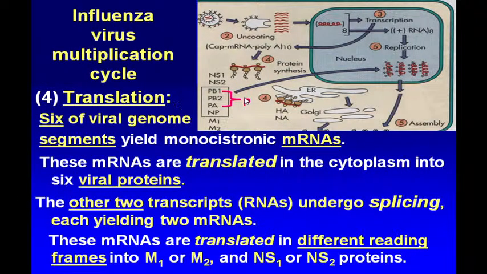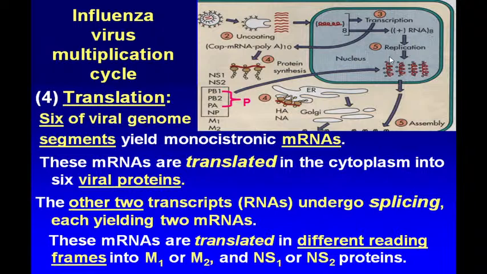But when translation happens, the fate of the proteins will be different. Some proteins that are boxed here, can you see? The 3 that form the polymerase and the NP protein will be taken back to the nucleus. And in the nucleus, the replication of negative sense RNA happens on the positive sense RNA.